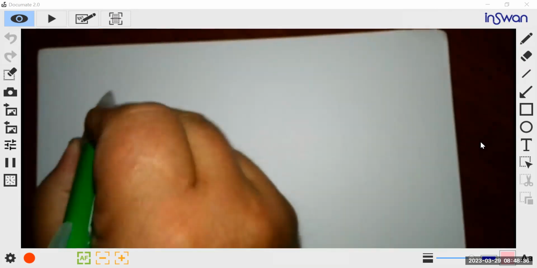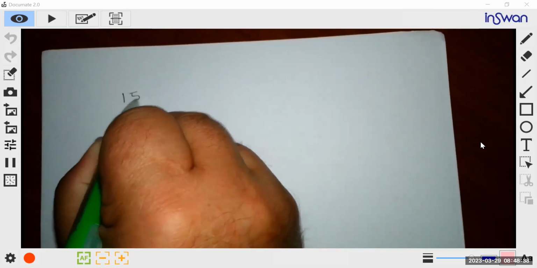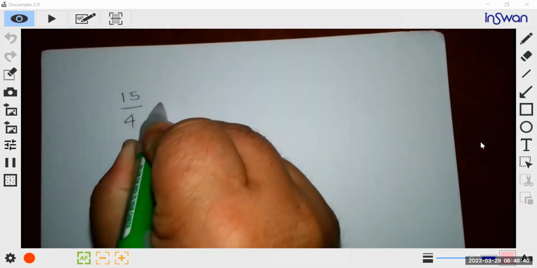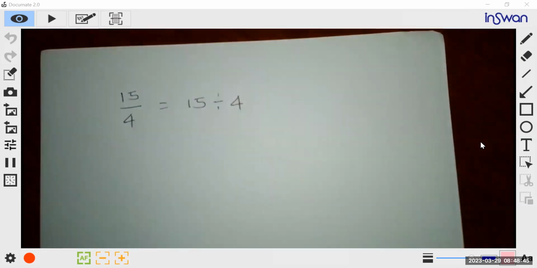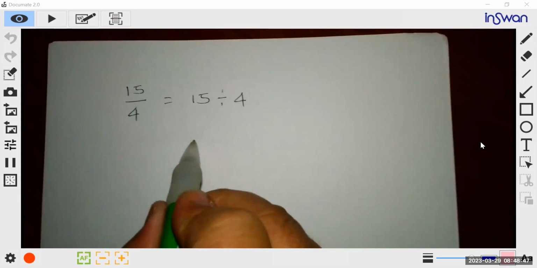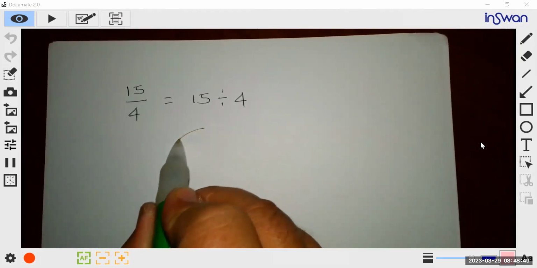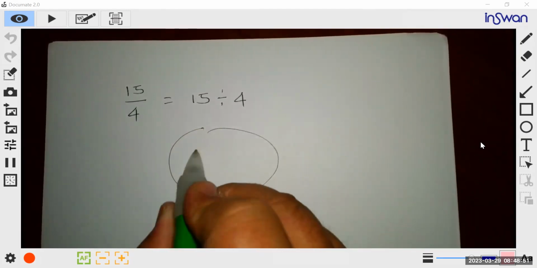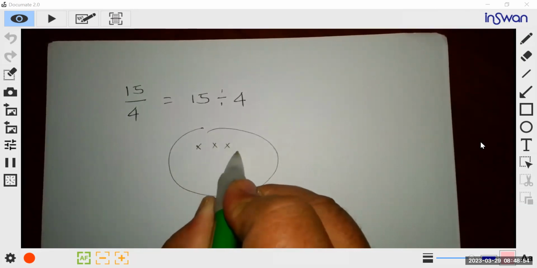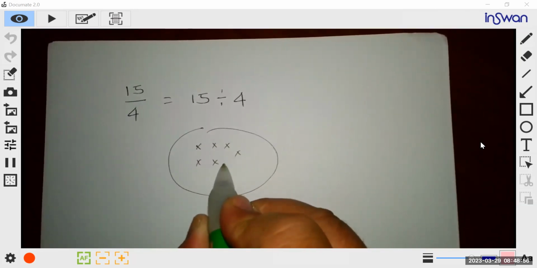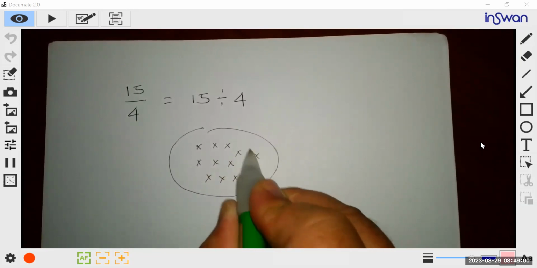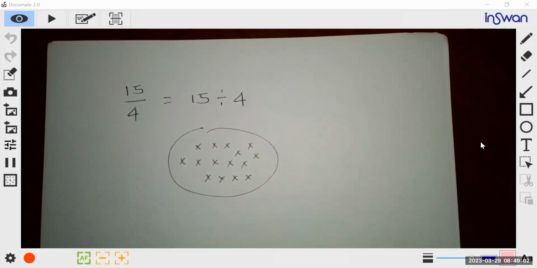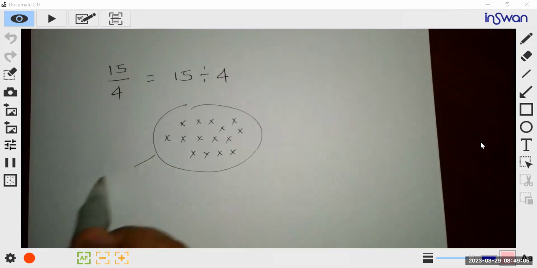Let's look at an example where it doesn't work. 15 divided by 4. There are 15 chips. I need 4 groups.